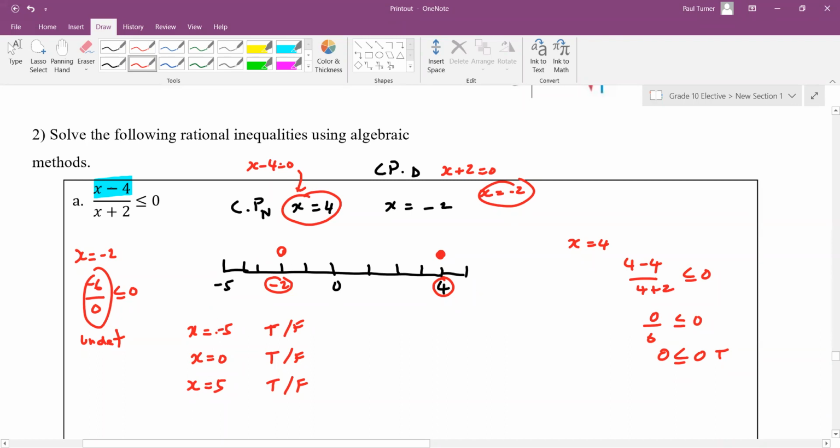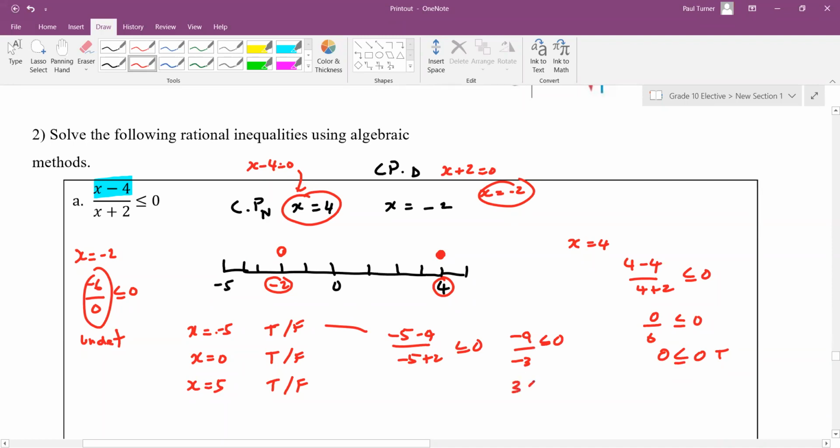So when you put minus 5 in your equation, we want to see if that's going to be true or false. So let's try this one here. So minus 5 minus 4, minus 5 plus 2. So you got minus 9 on minus 3, less than or equal to 0. So that's going to give you 3, isn't it?